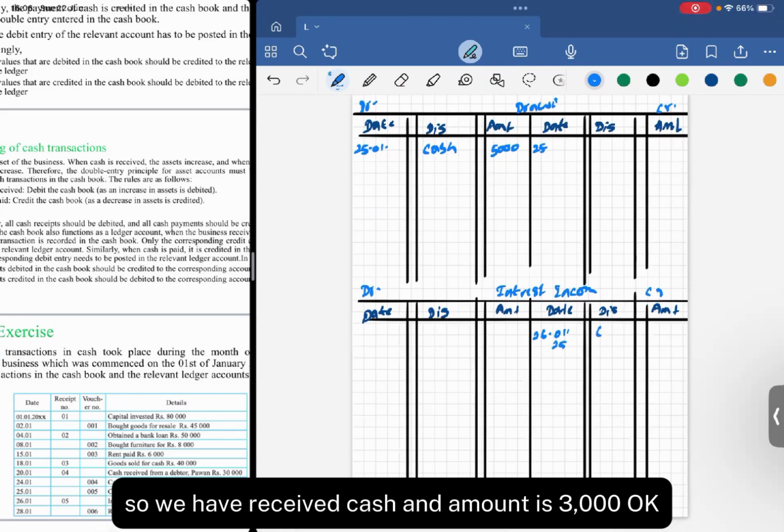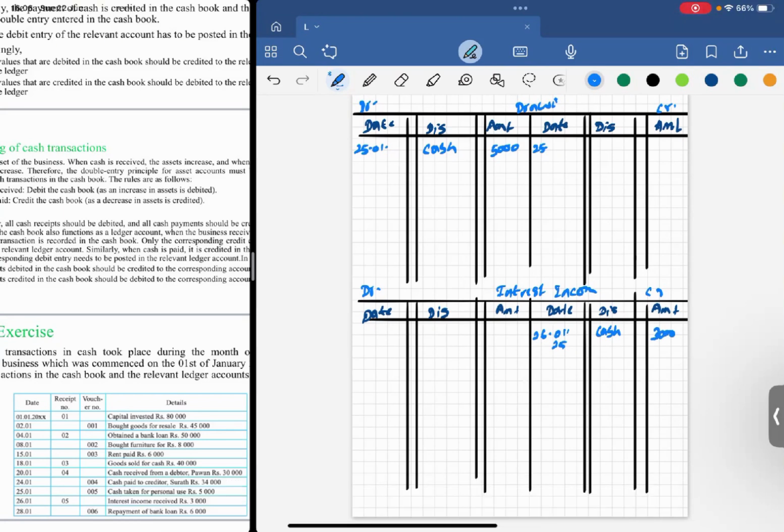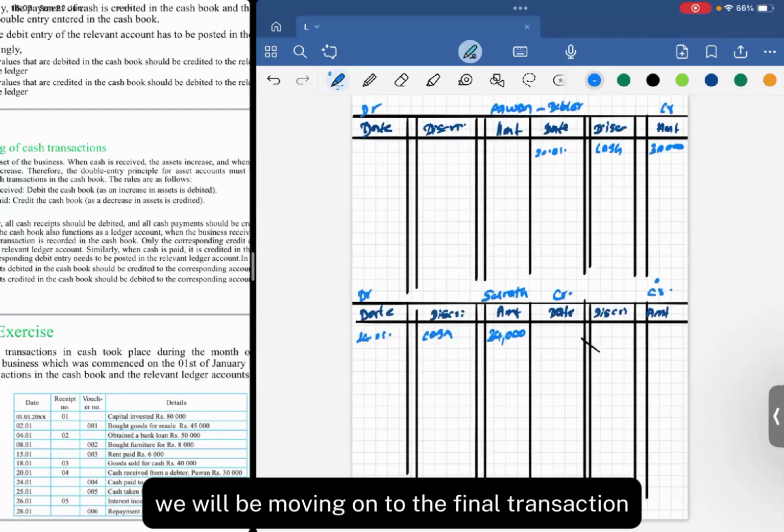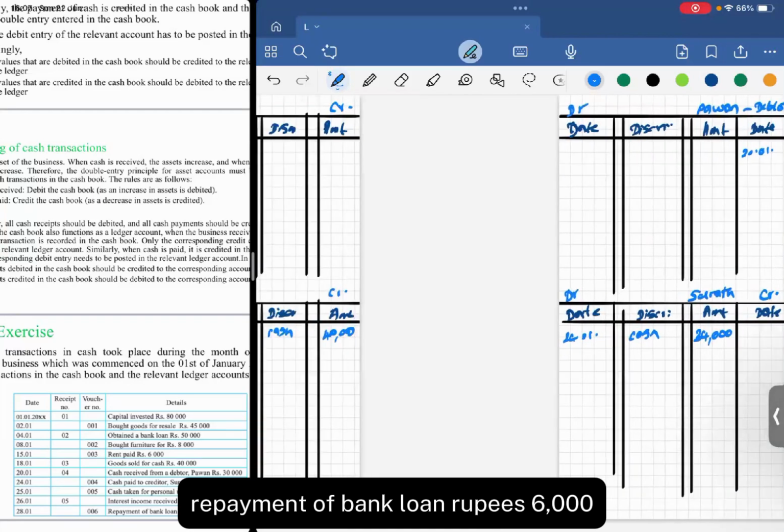We have received cash and the amount is 3,000. Okay, so that's how.